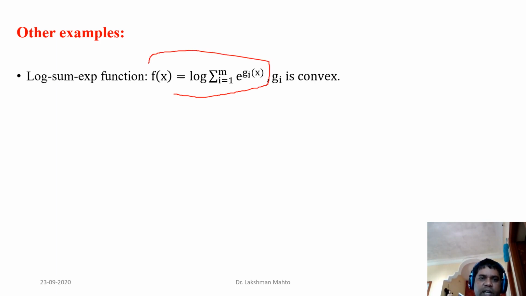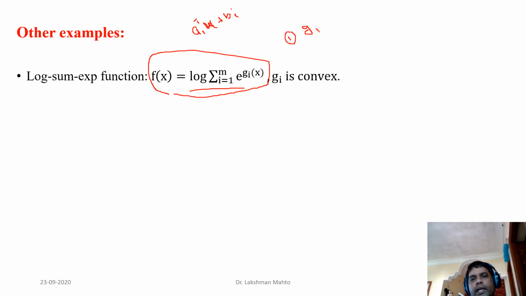Now there are many other examples I have given here. You can establish convexity of this function in a similar fashion to what we discussed in the last case. Here, in place of the affine function a_i transpose x plus b_i, I have taken any general convex function g_i.